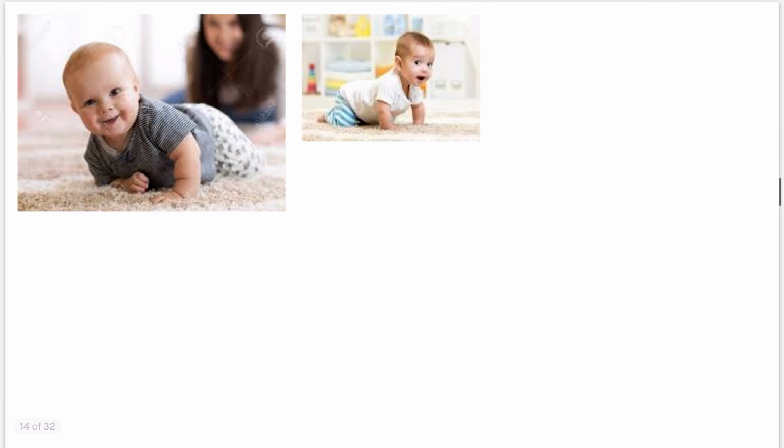Then look at this. Now this child is moving here and there on all of his 4 limbs. In the first image, the abdomen is touching the ground. And in the second image, the abdomen is lifted off the ground.